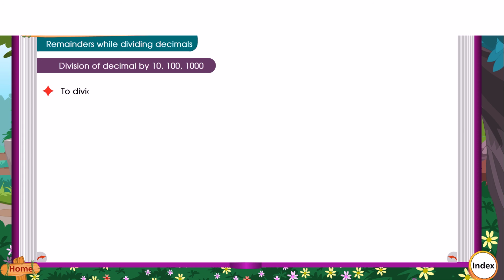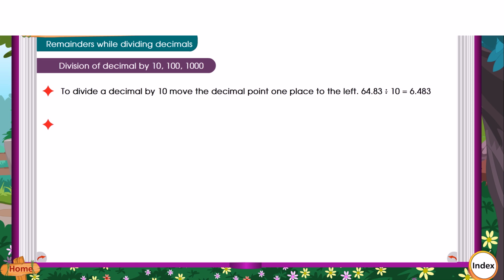To divide a decimal by 10, move the decimal point one place to the left. 64.83 divided by 10 is equal to 6.483. To divide a decimal by 100, move the decimal point two places to the left. 64.83 divided by 100 is equal to 0.6483.